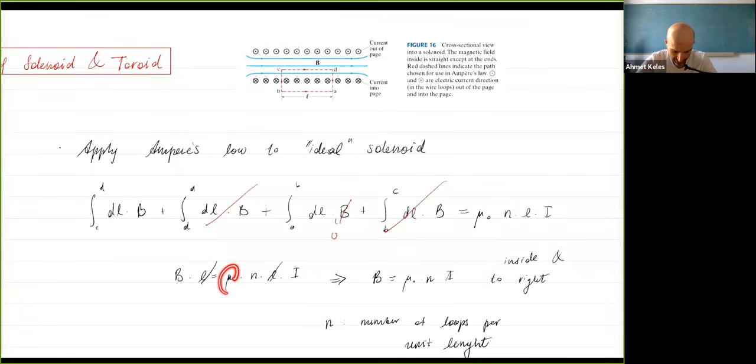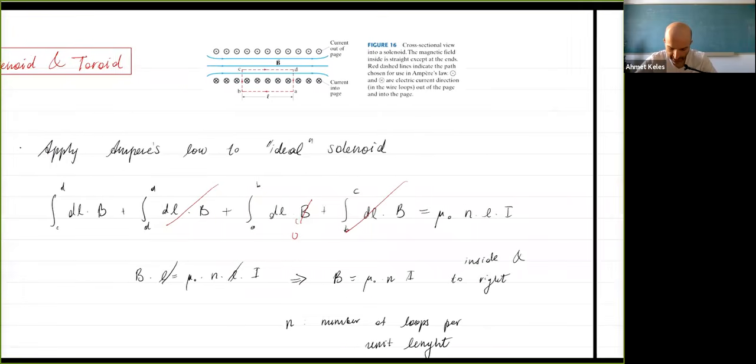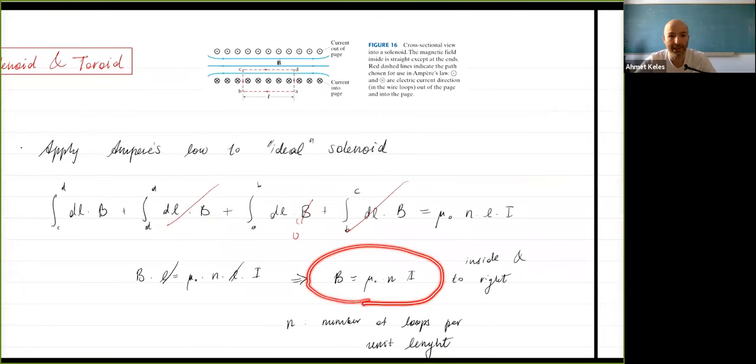So mu0 times this is I enclosed, but I enclosed is the line density times length, and if you multiply it by current, you find the total current. So at the end, inside this solenoid, B is equal to mu0 n times I.